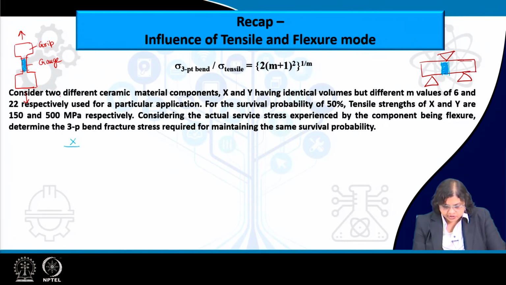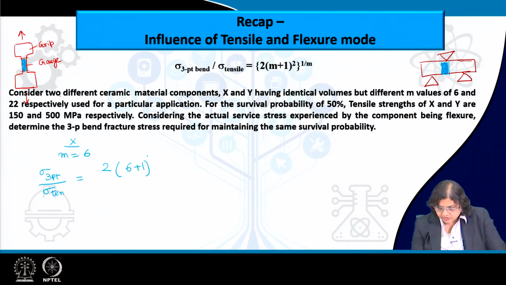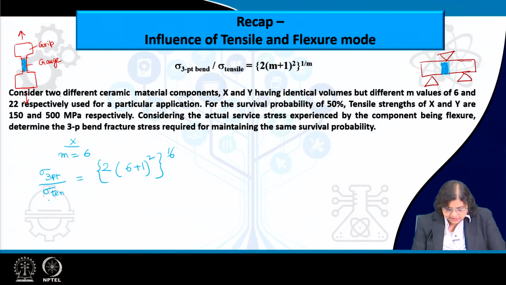So, this is the condition for x, and m in this case is 6. Sigma 3-point by sigma tensile is given by (2 by (6 plus 1) square) to the power of 1 by 6. Sigma tensile here is nothing but 150.